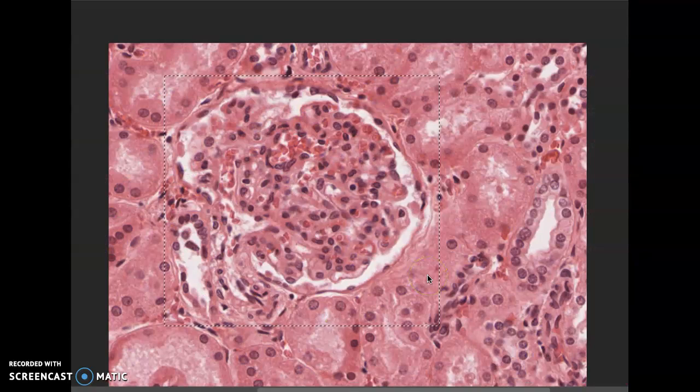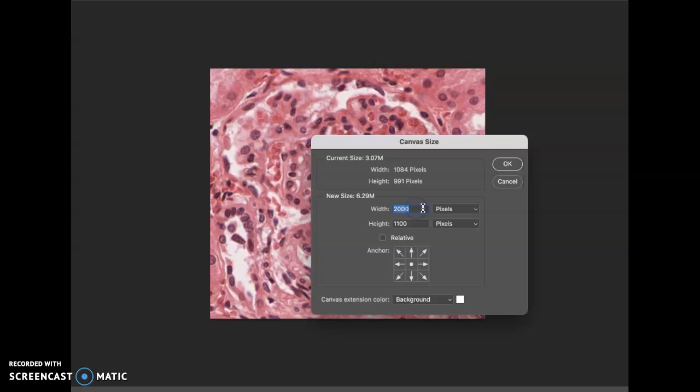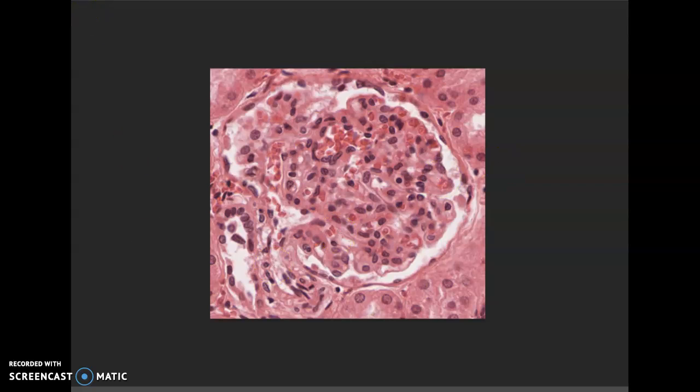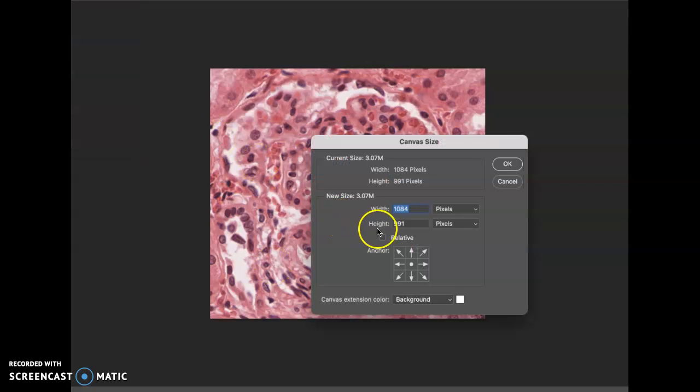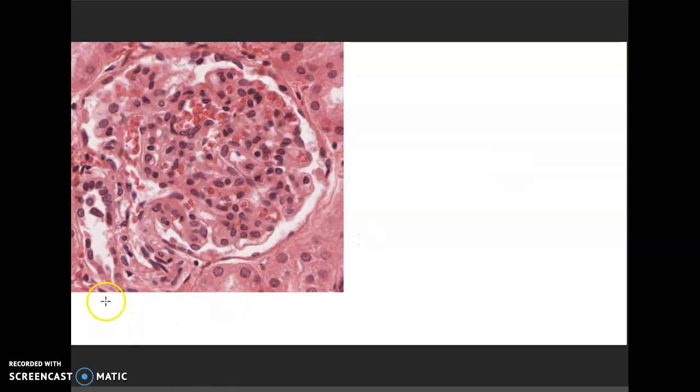I selected the glomerulus. I'm going to make a new image. And then I am going to make it larger this direction. So I pretty much doubled the width and made it a little bit higher. So I actually made it 1200 for the height.